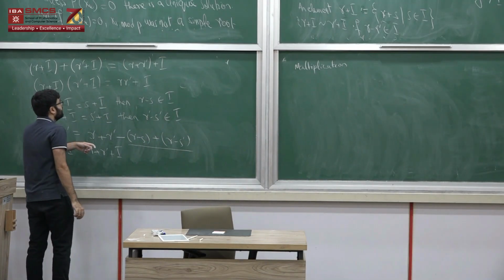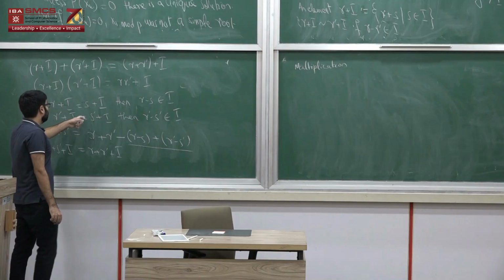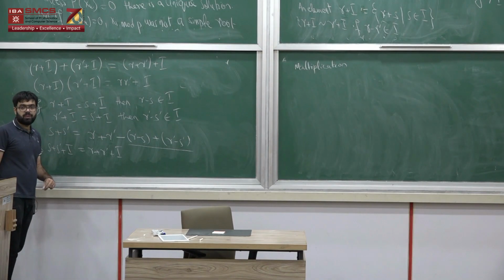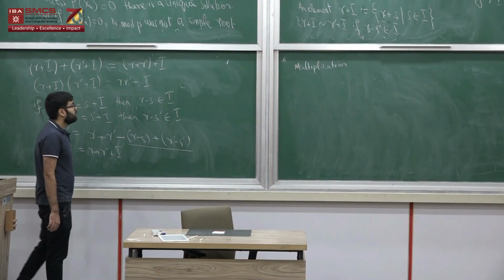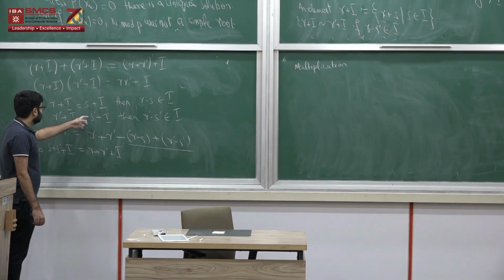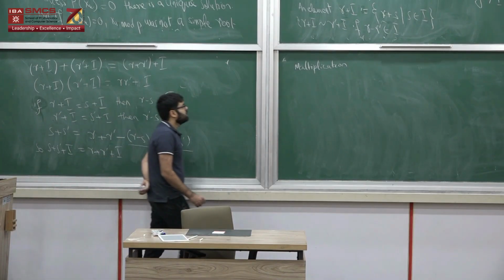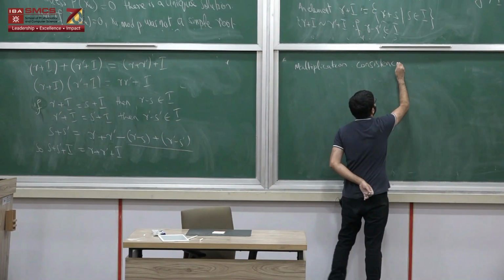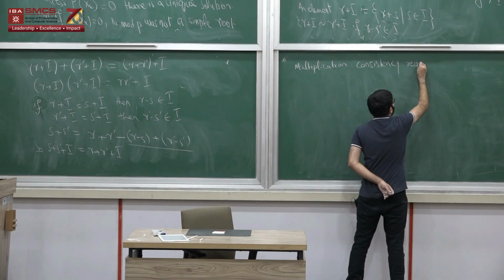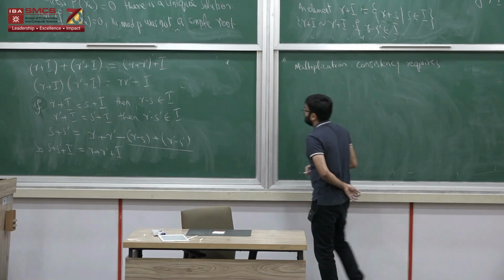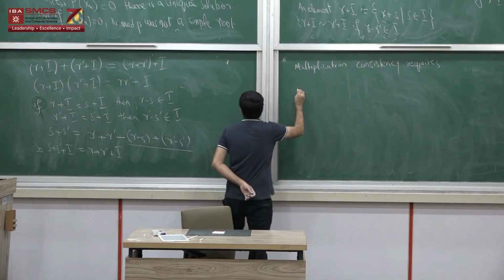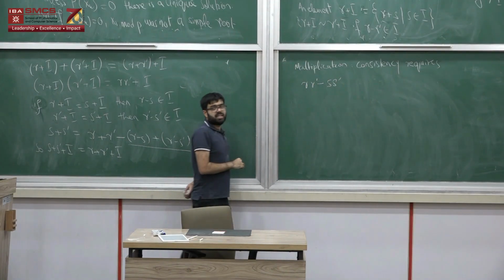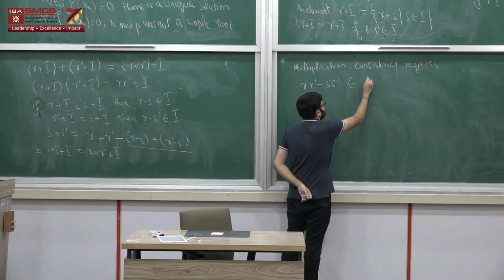What I have is R and S describe the same element of R mod I, and similarly R prime and S prime describe the same element. So consistency requires that R prime minus S prime is in my ideal.